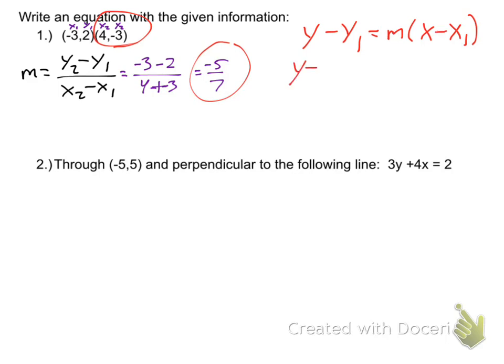So y minus negative 3 equals negative 5/7 times x minus 4. You guys okay with that? What happens when you subtract a negative? It would add. So it becomes positive? Yes.